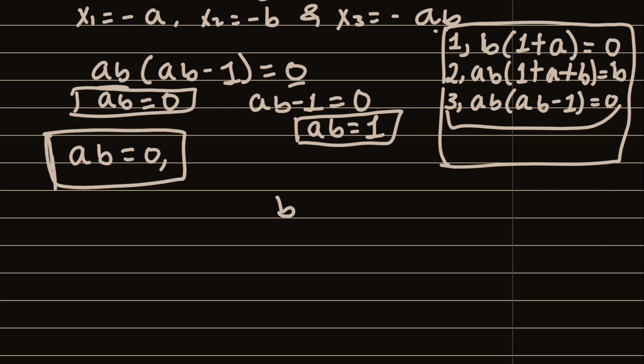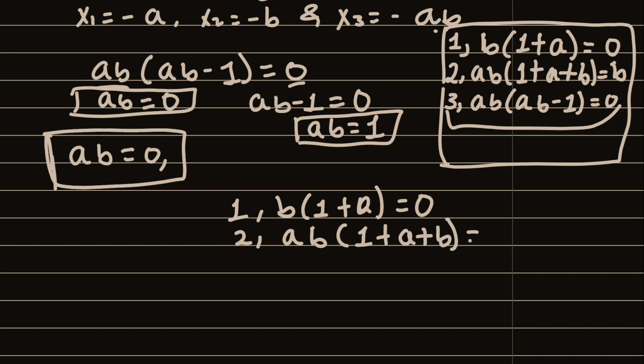Okay, let's rewrite the formulas. b times 1 plus a equals to 0. This is our first formula. And the second one is ab times 1 plus a plus b equals to b. So let's say a is equals to 0.